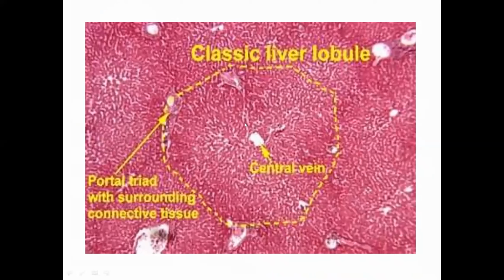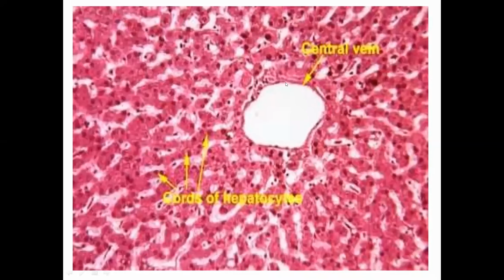Here is the micrograph which shows the hepatic lobule or classic liver lobule. Here is the central vein. These are the portal areas. It is roughly hexagonal in shape. Here is a closer view. Central vein. These are the hepatic cords. In between them are the hepatic sinusoids.